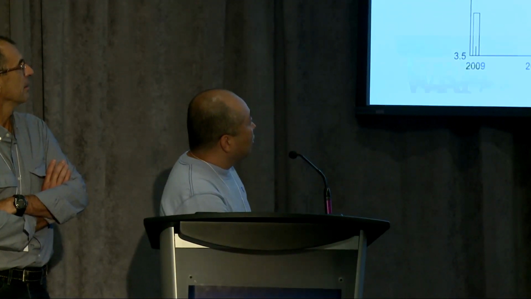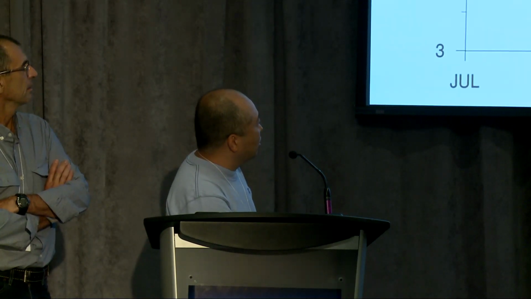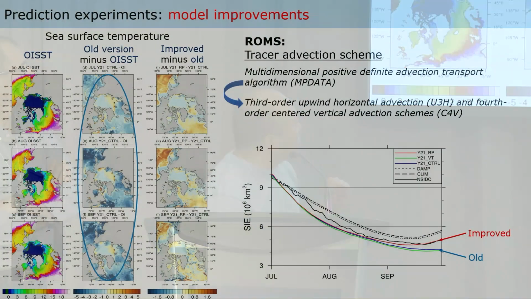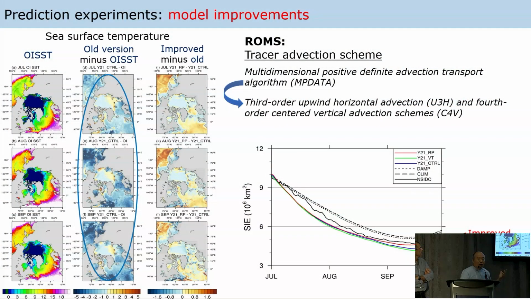So basically, we just changed the advection scheme to reduce this numerical oscillation. For your information, we changed this MPDATA to this third order.